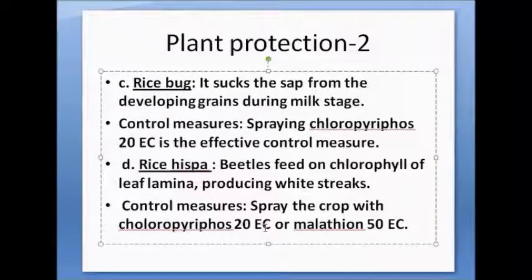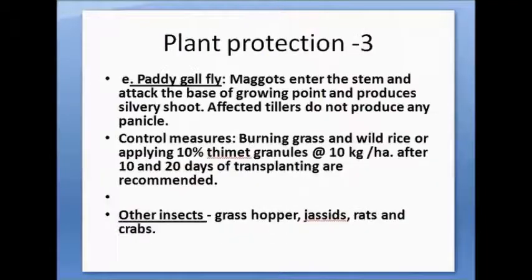Again same 20 EC or 50 EC. In short, EC again you can remember that suppose 100 liters of container is there. In 100 liters, when there is 20% of this chemical, this insecticide, it is called 20 EC. So it is a percentage. Okay. Then in this case of plant protection, again the paddy gallfly.